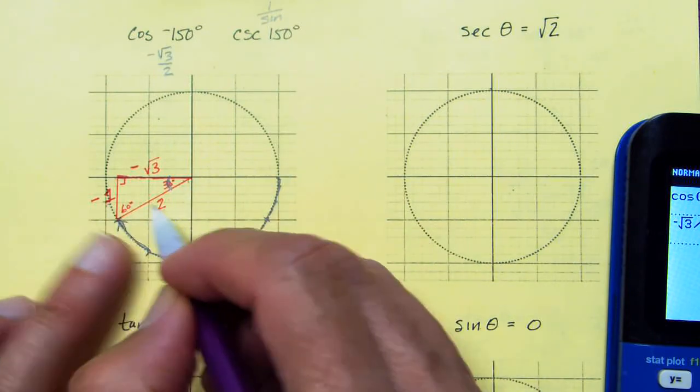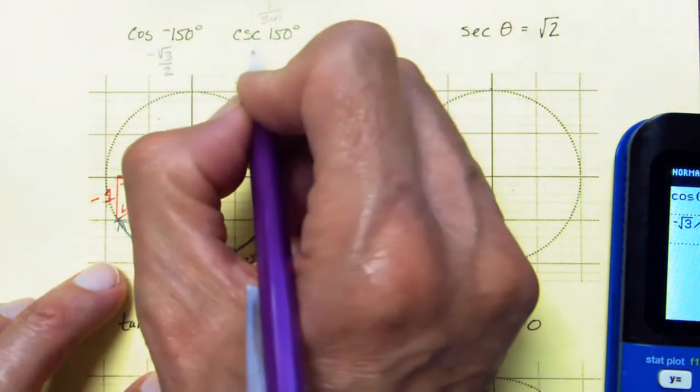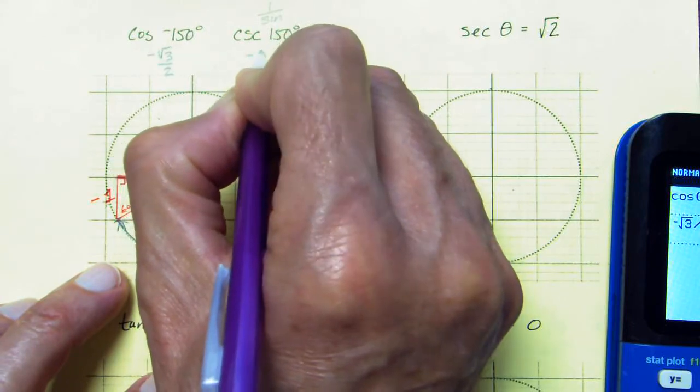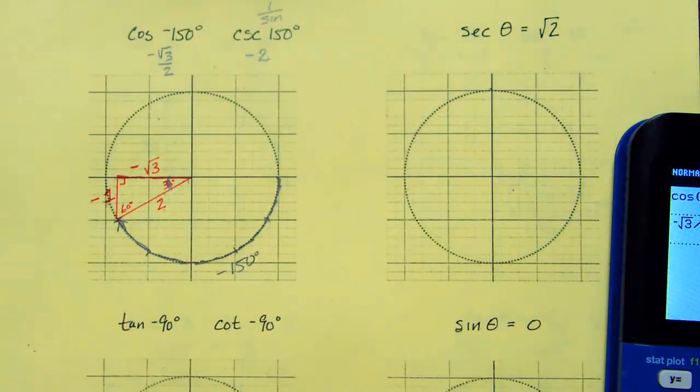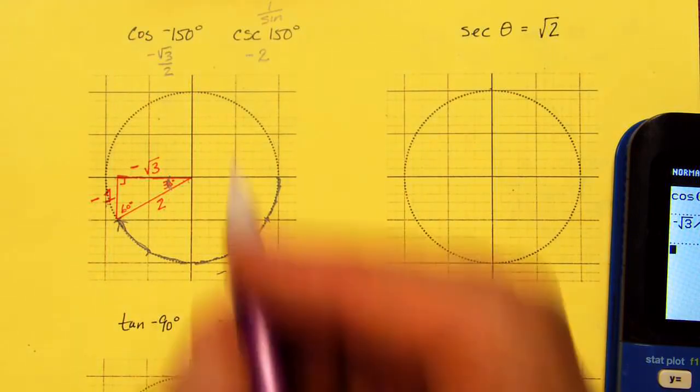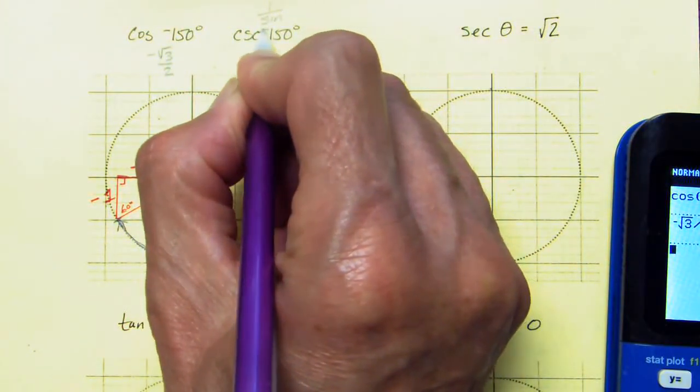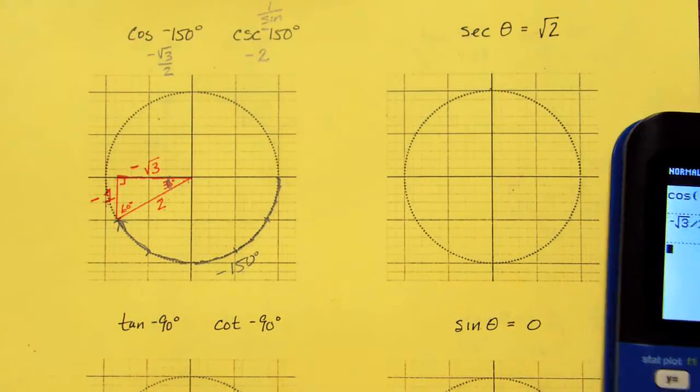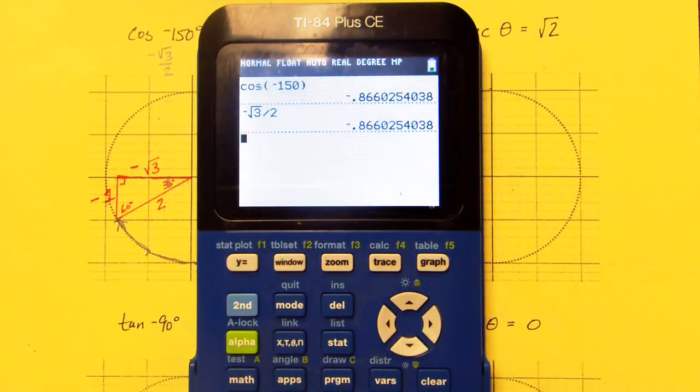So if I took this and flipped it over, it'd be negative 2 to 1. So I think the cosecant of negative 150, my apologies, is negative 2. And so let's see if I can do that on my calculator. I'll do 1 divided by the sine of negative 150.